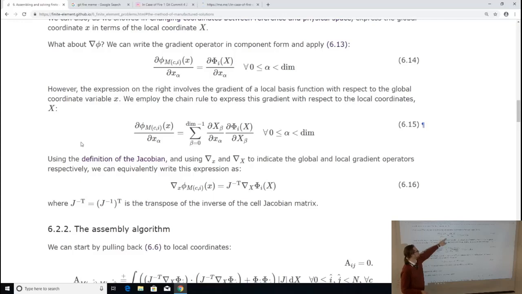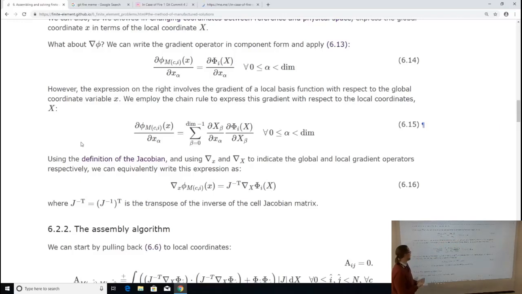So that's equal to the derivative of the local basis function at the corresponding local point with respect to physical space. So halfway there. But now I've got a big X on the top and a little x on the bottom. And as previously mentioned, I don't know how to do that. So I have to do chain rule.